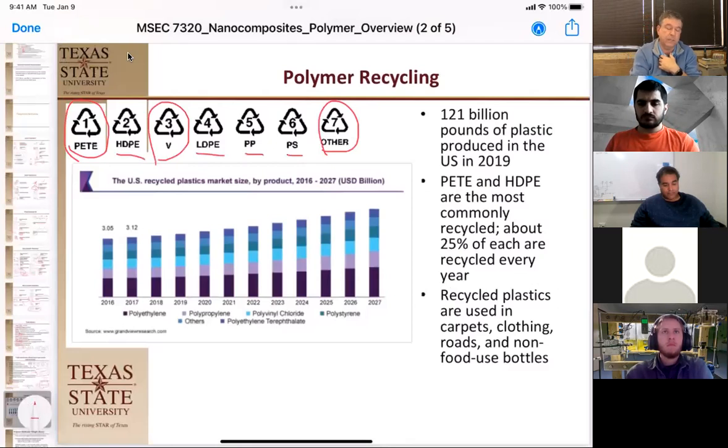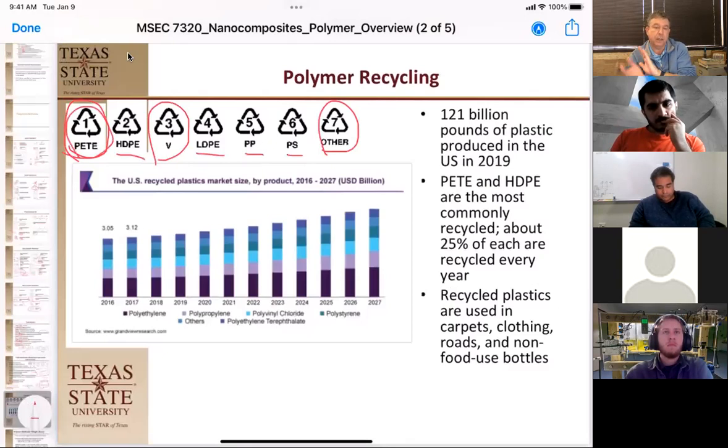For example, PETE, which can be recycled, is probably the best one, used to get to something like carpets and clothing and non-woven road mats. And even though polyethylene has a higher market share, the polyethylene terephthalate is actually the higher end use of these recycled polymers.